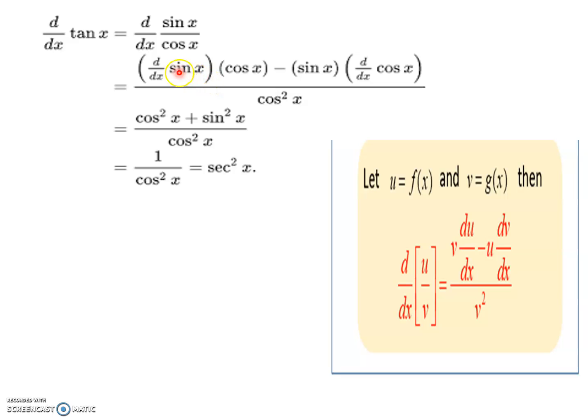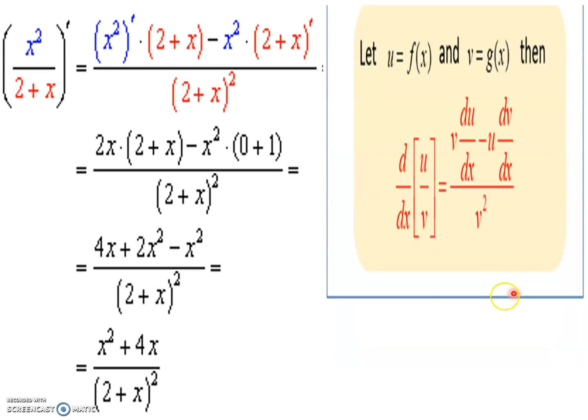So derivative of sin x is cos x into cos x, cos square x. sin x remains the same. Derivative of cos x is minus sin x, that is minus minus becomes plus. cos square x plus sin square x is 1 by the fundamental trigonometric identity. 1 upon cos square x is sec square x, that is the derivative of tan x is sec square x by using the quotient rule of derivative.